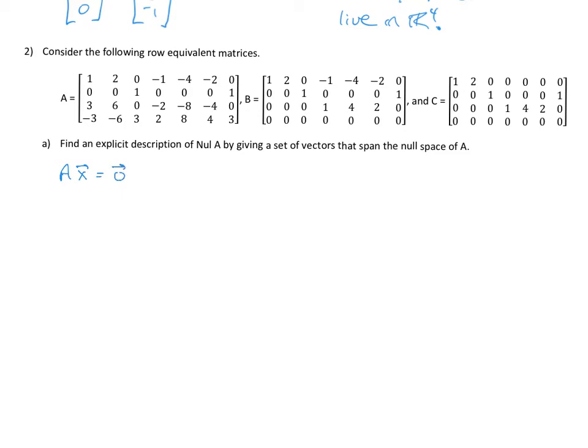I have already done the row reducing. Imagine that you augment A with zeros and row reduce, and what you get would be this with zeros attached to it.